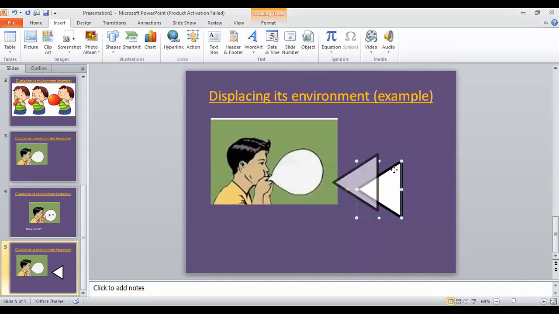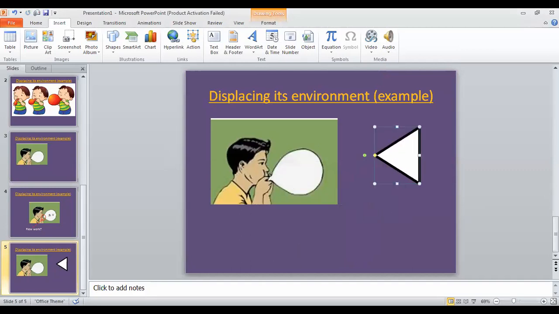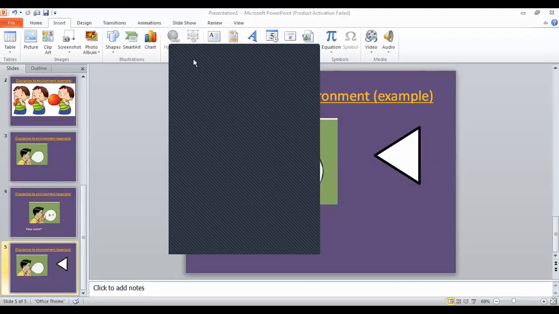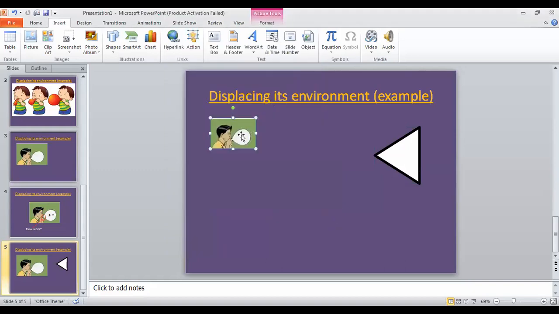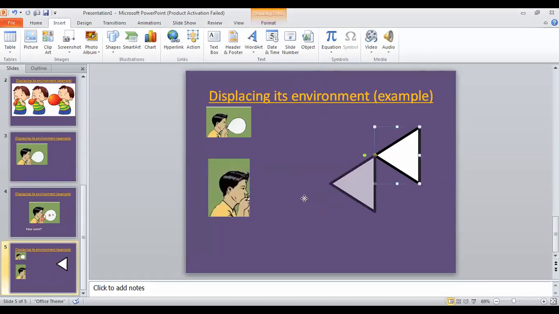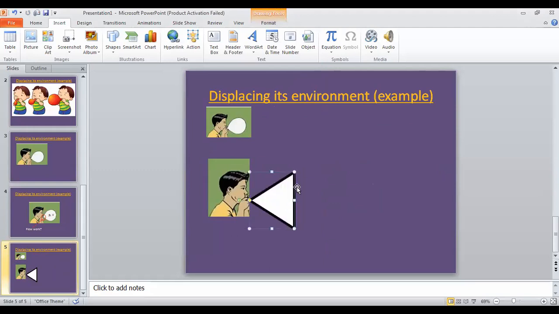So this boy is blowing the balloon. This is the shape of the balloon.